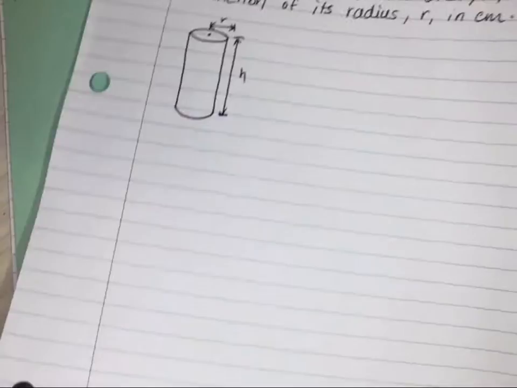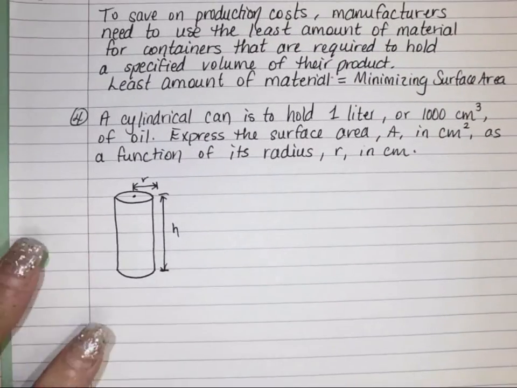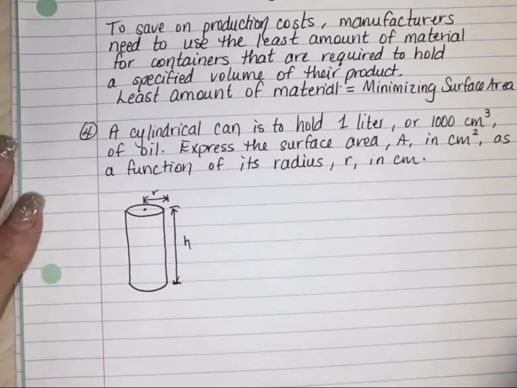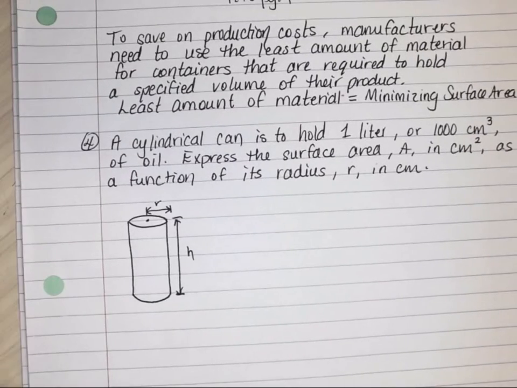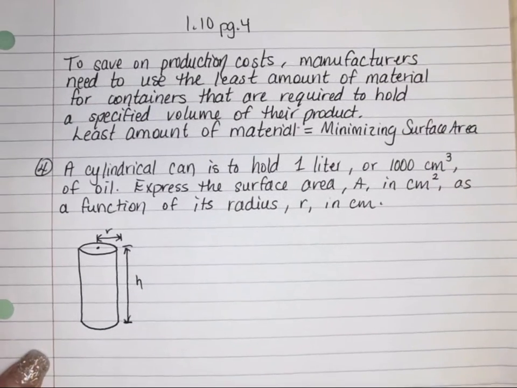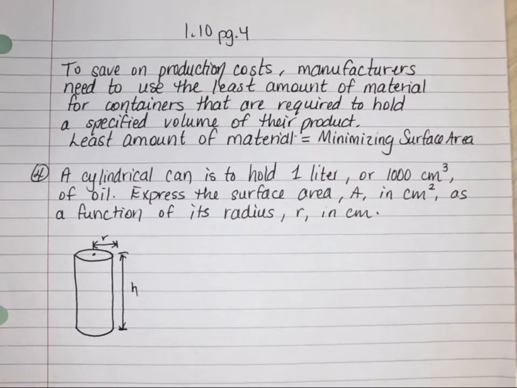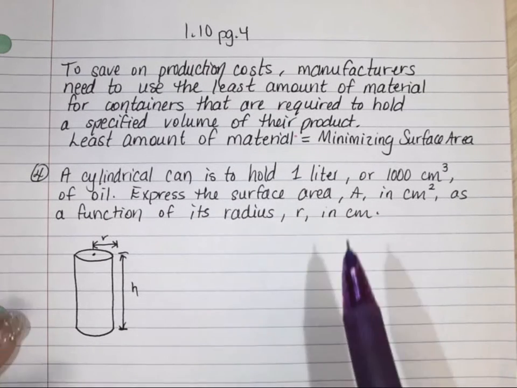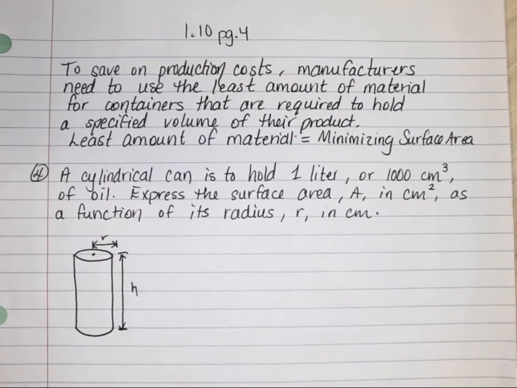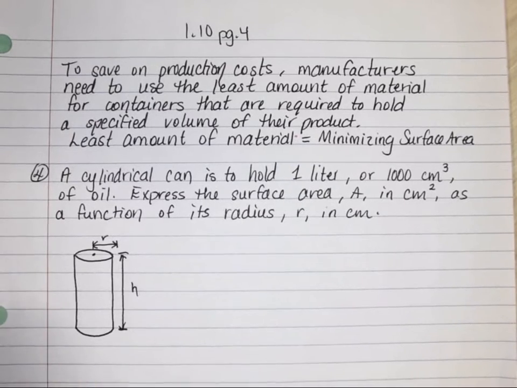Okay, the next part deals with manufacturers needing to use the least amount of material for containers that are required to hold special types of volume. To save on production costs, manufacturers need to use the least amount of material for containers that are required to hold a specified volume of their product.